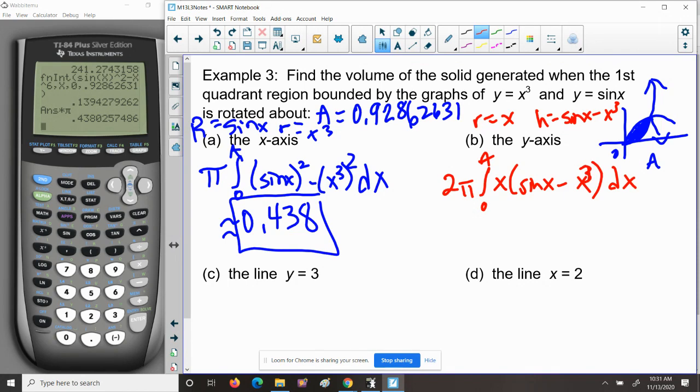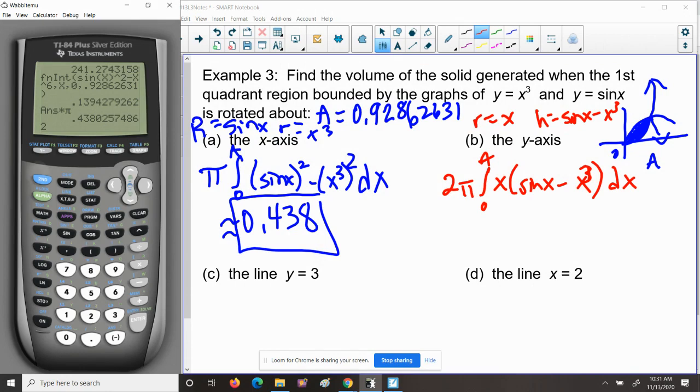Okay, let's go type that in. 2 pi times the integral of x times sine of x minus x cubed, comma x.